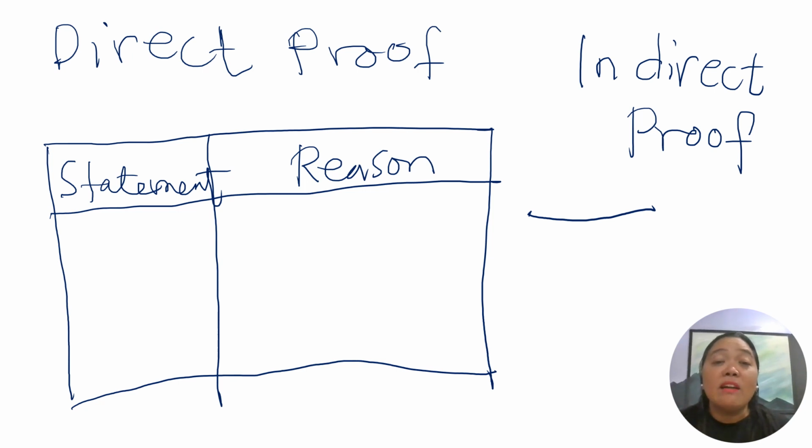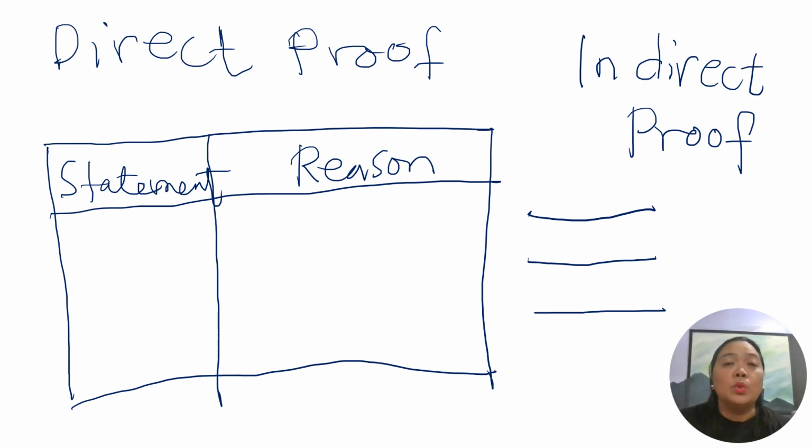But you don't need a two-column proof just like your direct proof. That's the difference between a direct proof and an indirect proof. Is that clear, everybody?